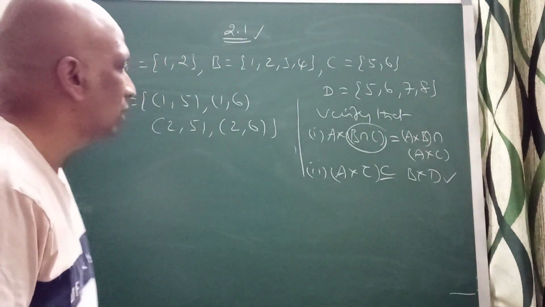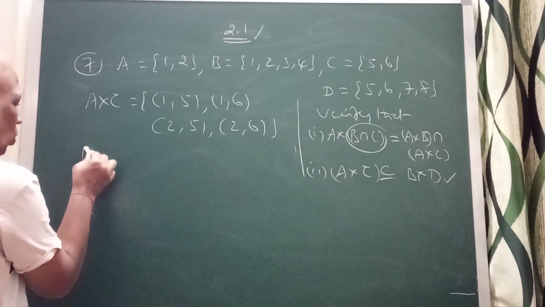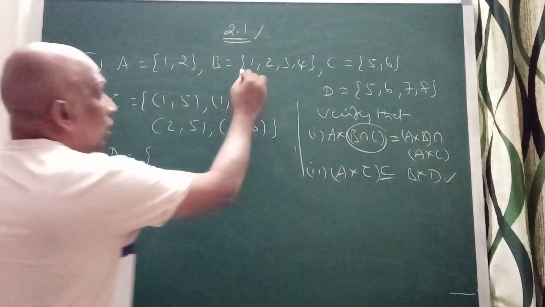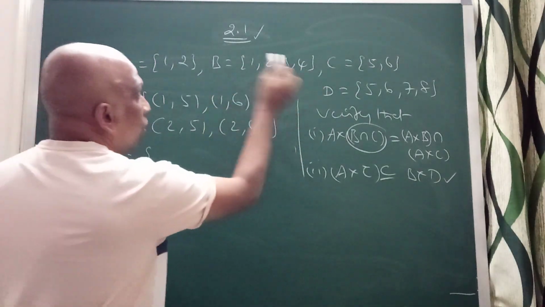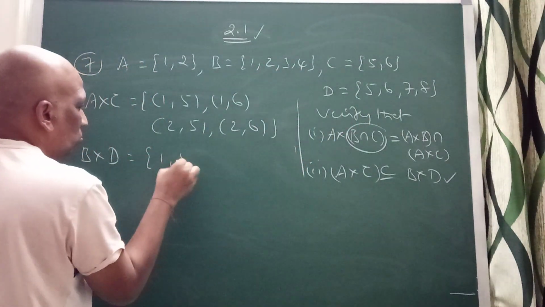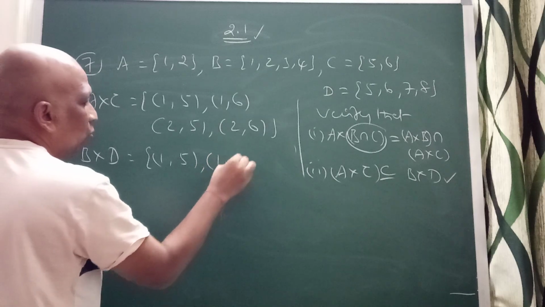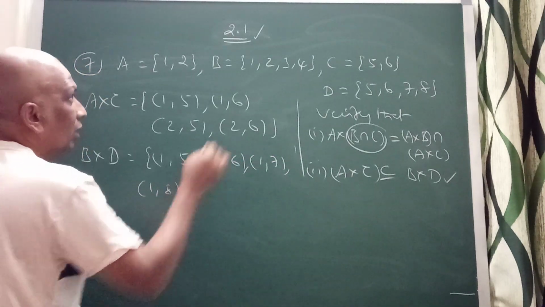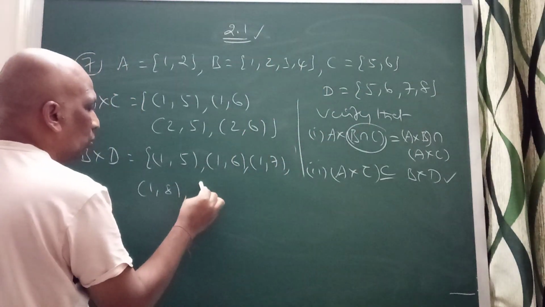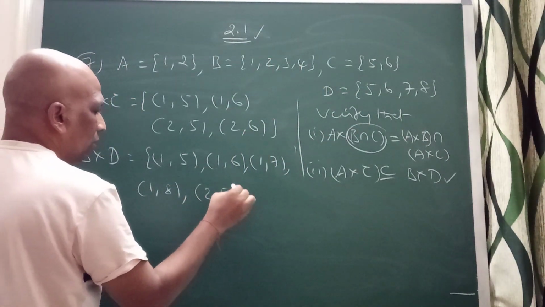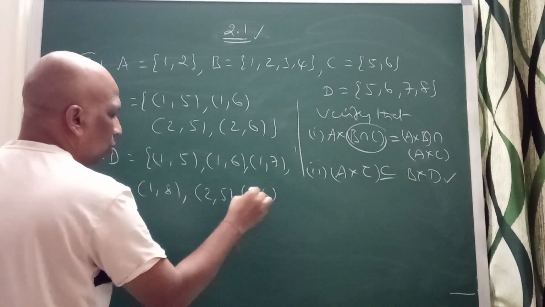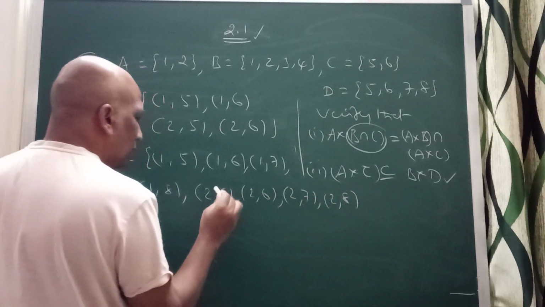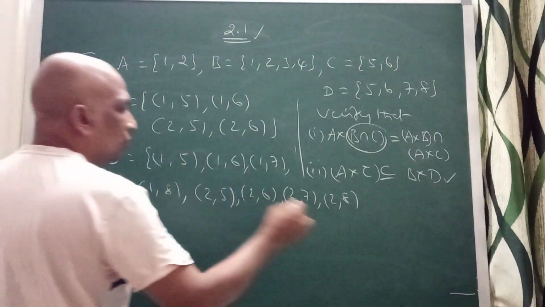Then we try to write B cross D. So if we go for B cross D, they are given B cross D: (1,5), (1,6), (1,7), (1,8), right? Again with the 2, I can write (2,5), (2,6), (2,7), (2,8), right?